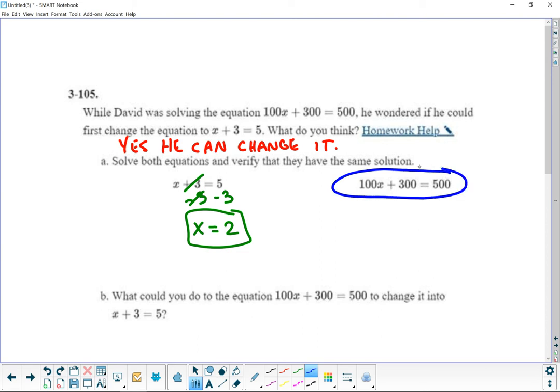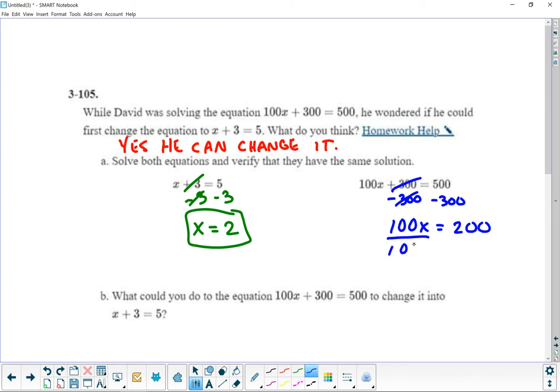Okay, for this bigger, more complicated equation, we're going to do the same thing. We're going to go ahead and subtract 300 and subtract 300. When they simplify down to 0, we're going to get 100x equals 500 minus 300 makes 200. Okay, now we're not quite done. On the other side we were done, but in this case we have to divide both sides by 100 in order to solve for x.